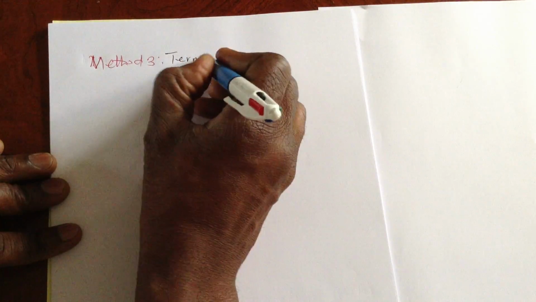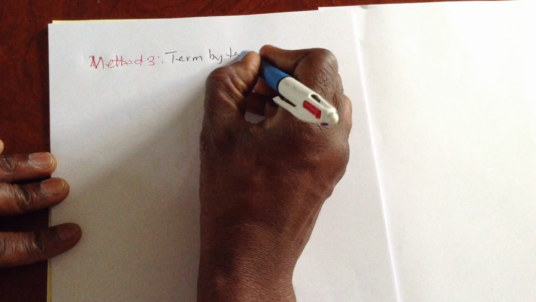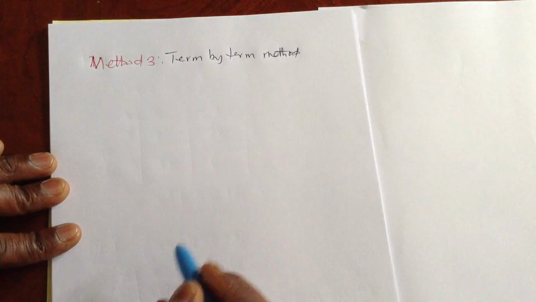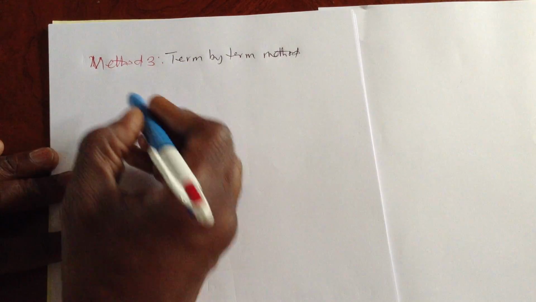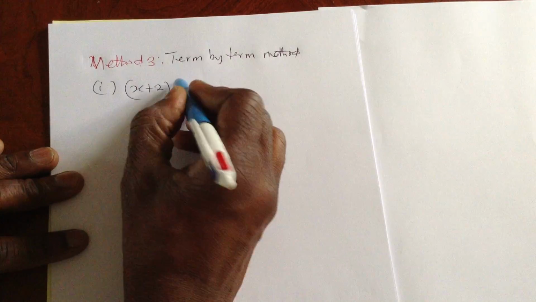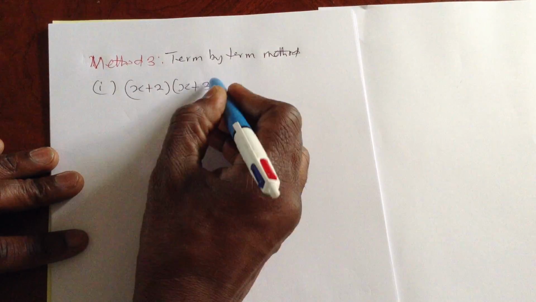The third method is the 10 by 10 method. So again, for the same question, we have x add 2 and x add 3.